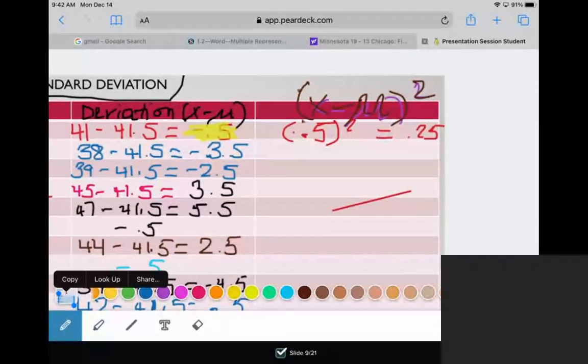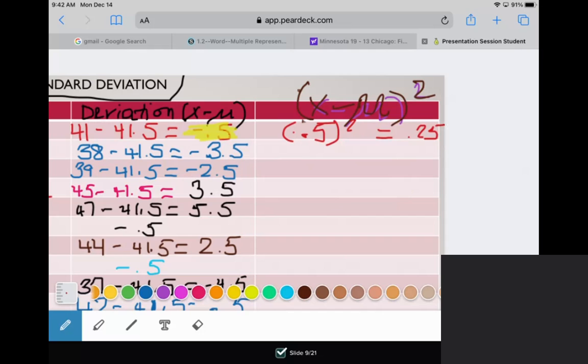I'm going to do that for all of these. So like I said, standard deviation is not difficult, but it takes forever. We have to do it by hand. So probably I'll give you one question, and you're going to work on it. It takes some time. We're going to move on to the next one.